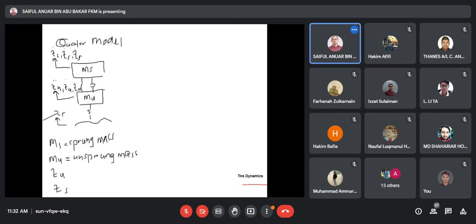We will simplify: ZU, ZS, ZU dot, and ZS dot.